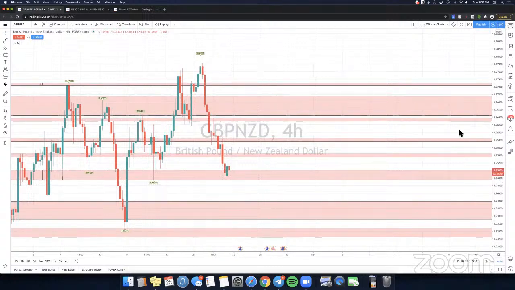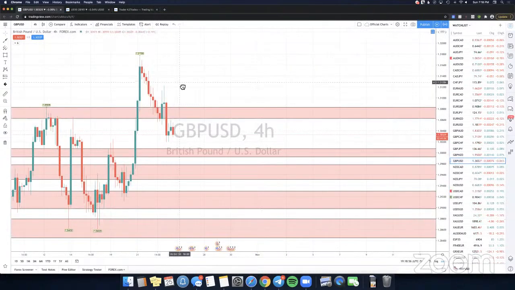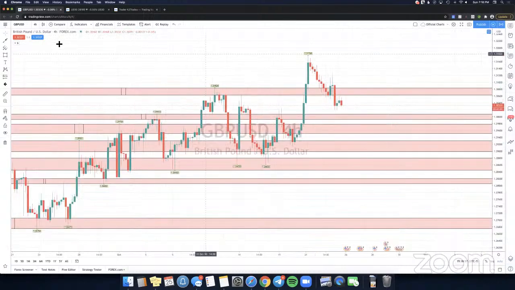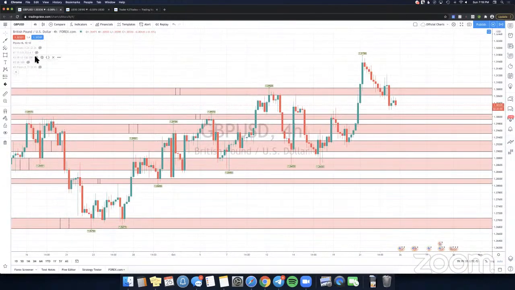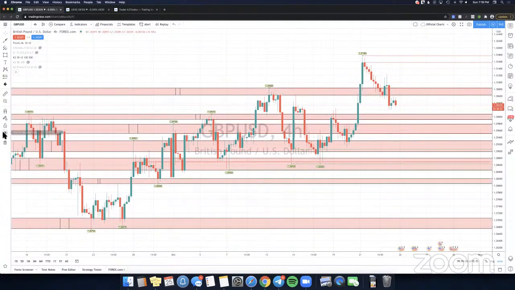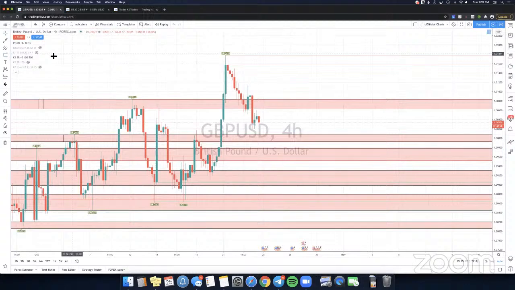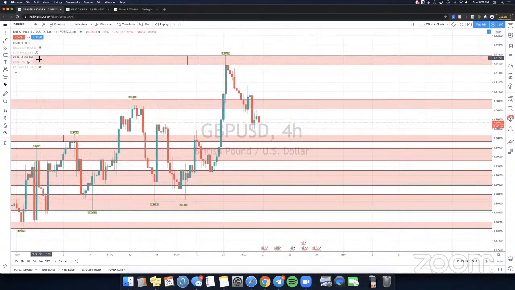Move on to the next one, GU. Let's make sure that the zones aren't the same from last week. Let's see. So the zones look pretty much the same. The only difference is that we have a new upper zone over here, which makes sense because price tested that area last week. So I'm just going to draw this zone up here, and it looks like we're good.